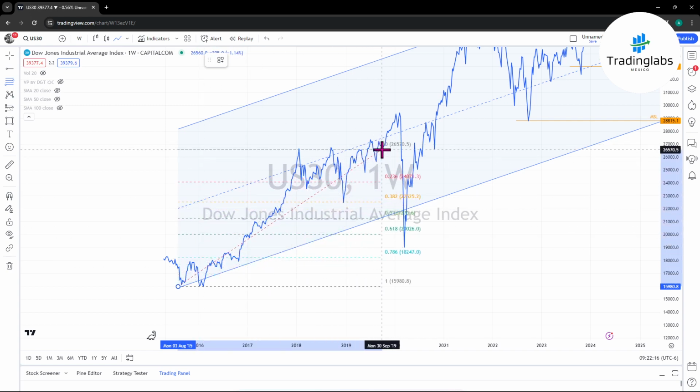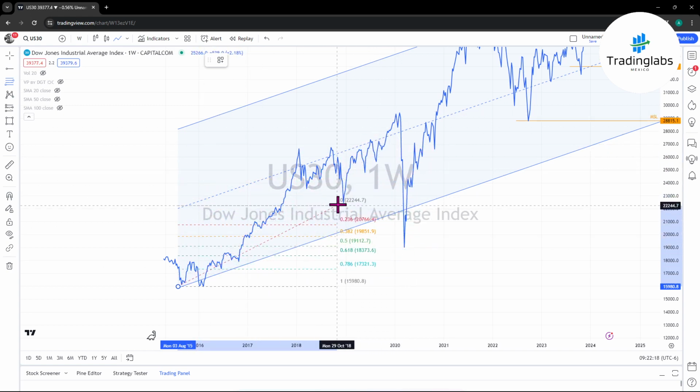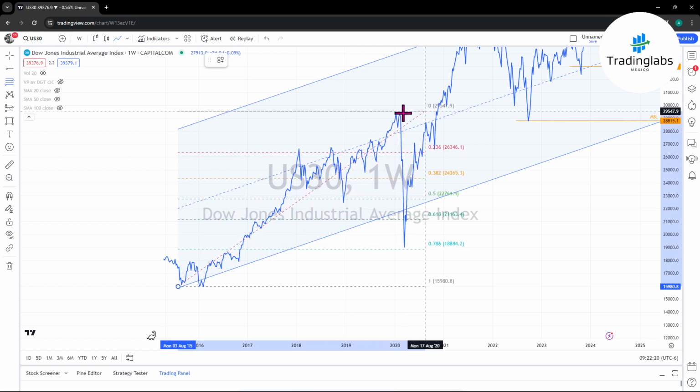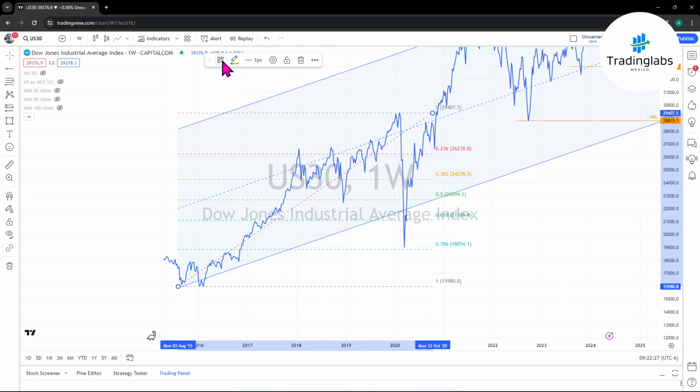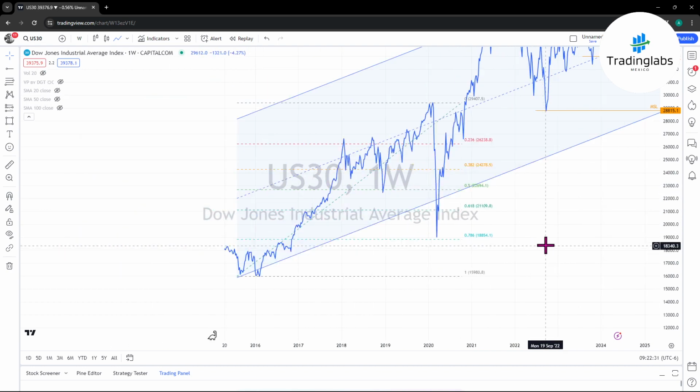We make this high, this high broke this high. And what do we find? One retrace to almost 0.786.